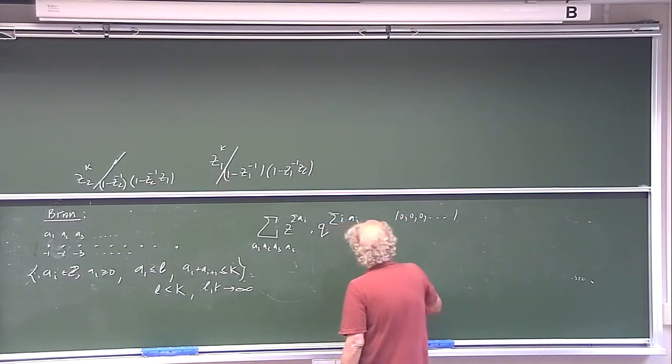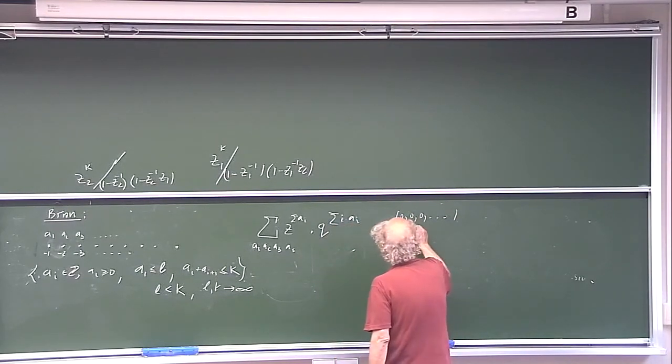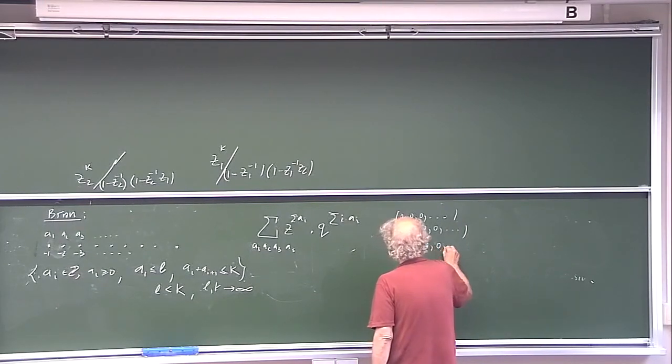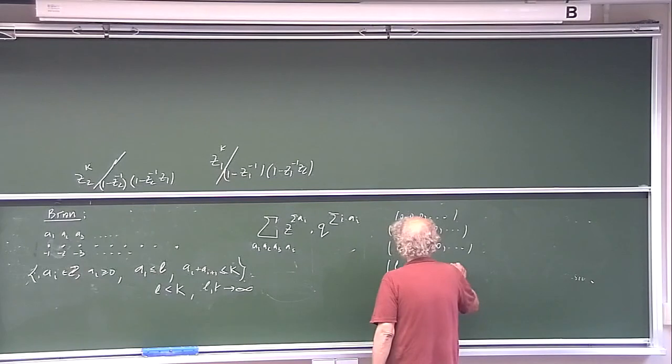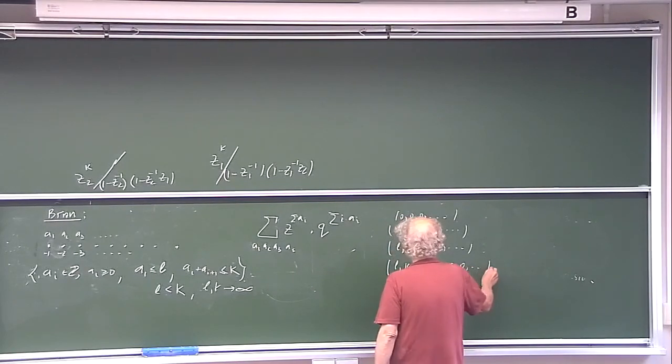Next is L, 0, 0, 0, 0. Next is L, K minus L, 0, 0, 0, 0. Next L, K minus L, 0, 0, 0, 0.